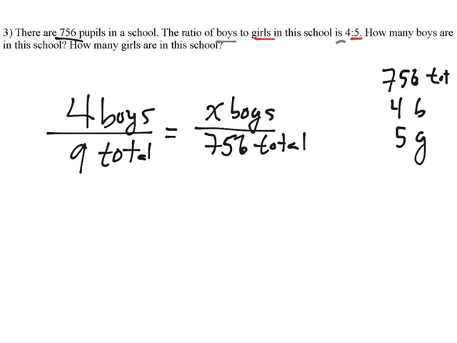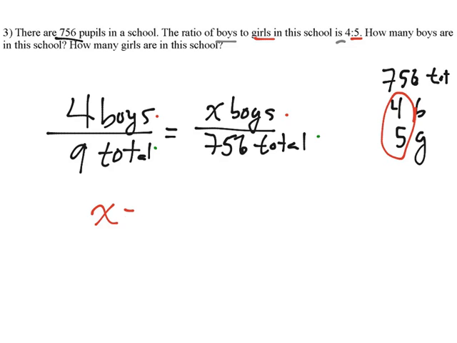Now you can see my units do line up. The trick here was saying if there's 4 boys to every 5 girls, that means out of every 9 students, 4 of them are boys. Okay, cross multiply and divide.